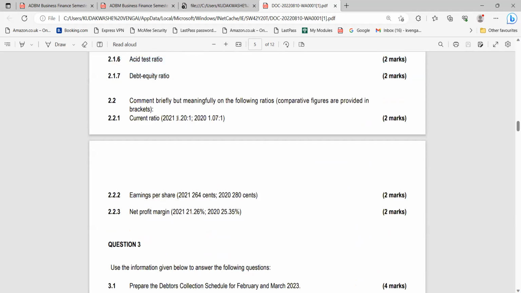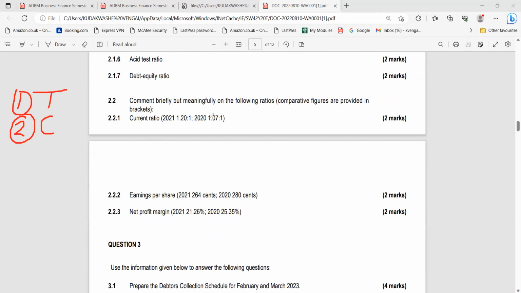Current ratio in 2021 is 1,2:1. In 2020, it's 1,07:1. So you can see here, remember there are 2 types of comments. There is comment number 1, which is trend analysis, and comment number 2, which is comparative analysis, right?